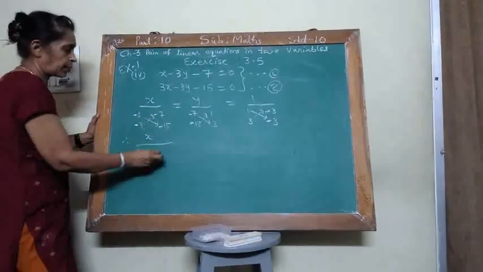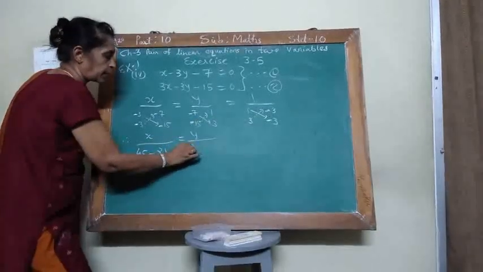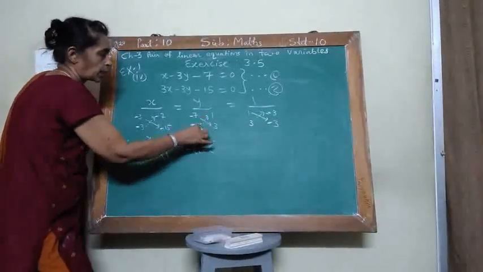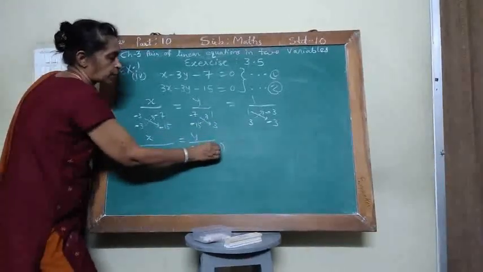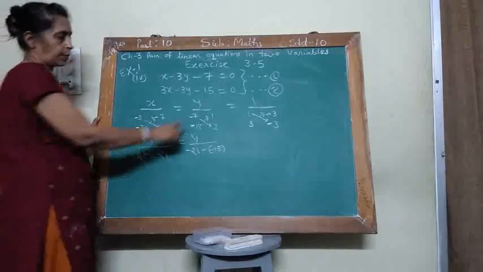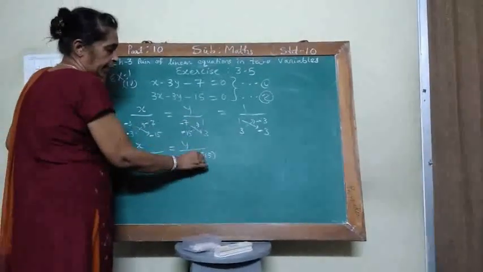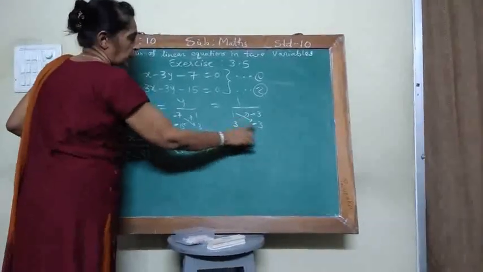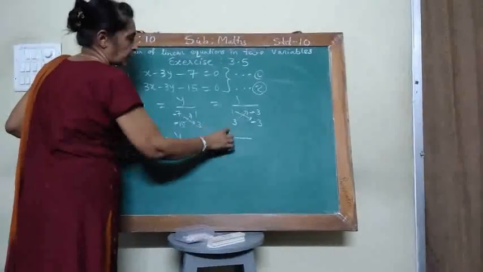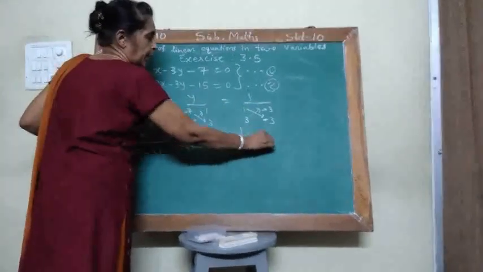And 7 3s are 21, is equal to y upon minus 21 minus the product, which is minus, so put it in brackets, minus 15, 1 15, plus, minus minus, in brackets, which is equal to 1 upon minus 3 plus minus minus, minus the product of these two, minus 9.